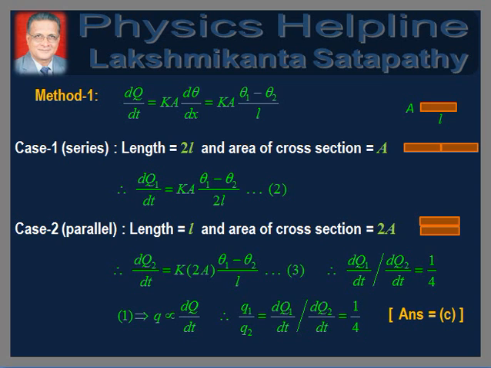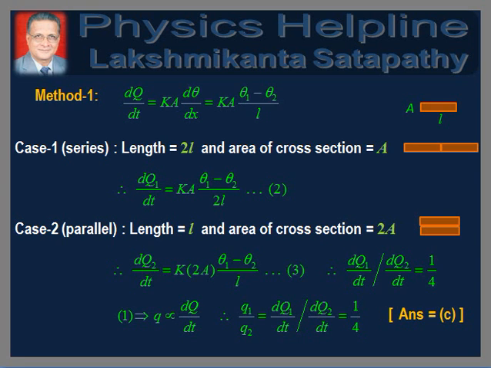We start with the equation dQ by dt is equal to KA into theta 1 minus theta 2 divided by L, for a rod of length L, area of cross section A, and coefficient of thermal conductivity K. When two such rods are connected in series, length becomes 2L, but A and K remain unchanged. Therefore, rate of heat flow in this case is dQ1 by dt is equal to KA into theta 1 minus theta 2 divided by 2L.